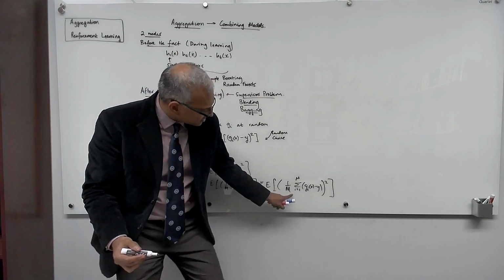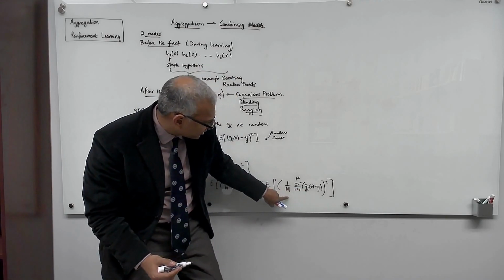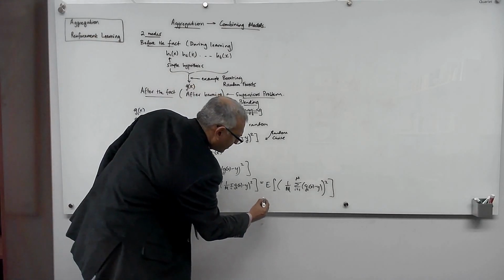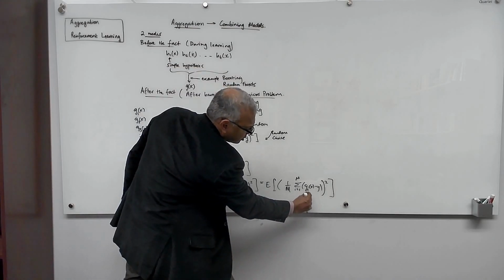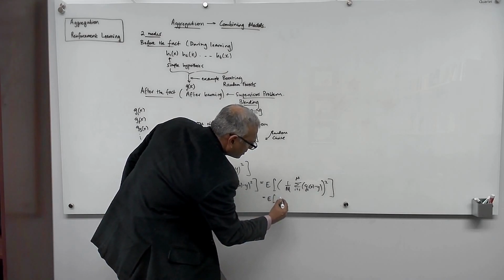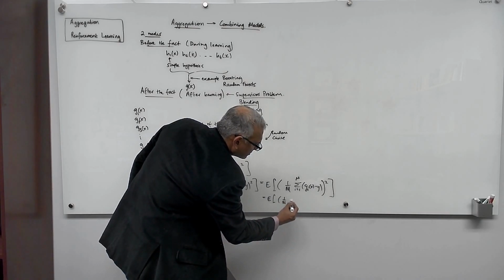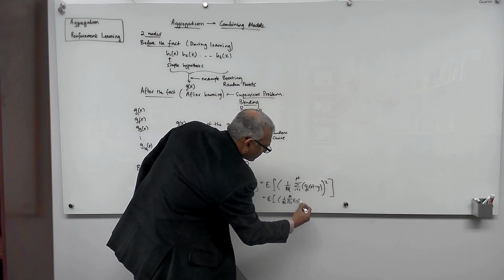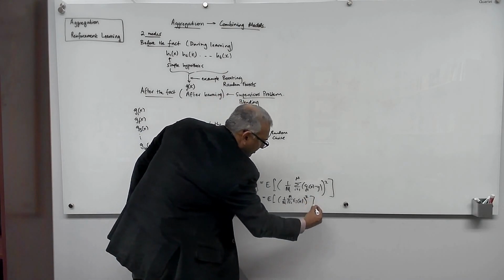So you can think of this as the error made between g_i and y, averaged, and then I square it. You can call this epsilon_i of x, the error made by function i. So this is the expected value of the average error, 1 over M, sum from i equals 1 to M of epsilon_i of x, the error made by function i, take the average of those and then I square.